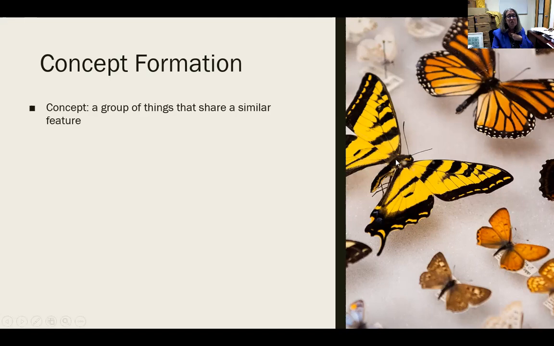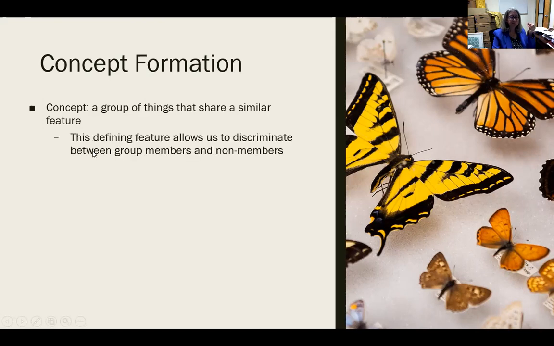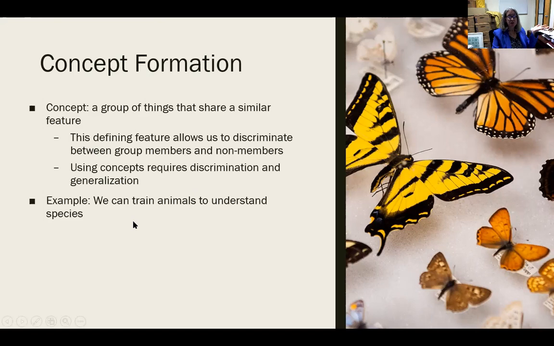We're going to pay attention to the ways that these things are the same, that's generalization, and we're going to pay attention to the ways these butterflies are different from non-butterflies. So the defining features will allow us to discriminate between group members, in this case butterflies, and non-group members, non-butterflies. And of course, it's going to use generalization too.